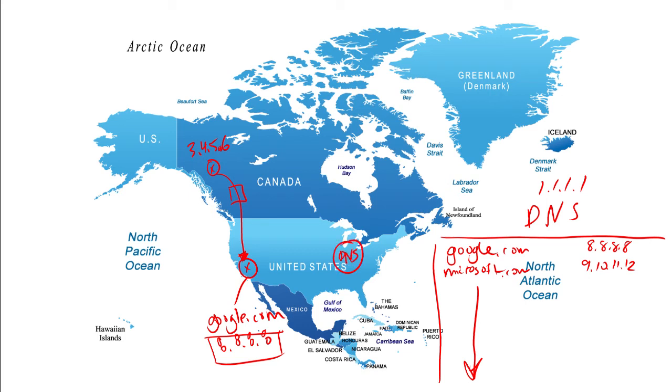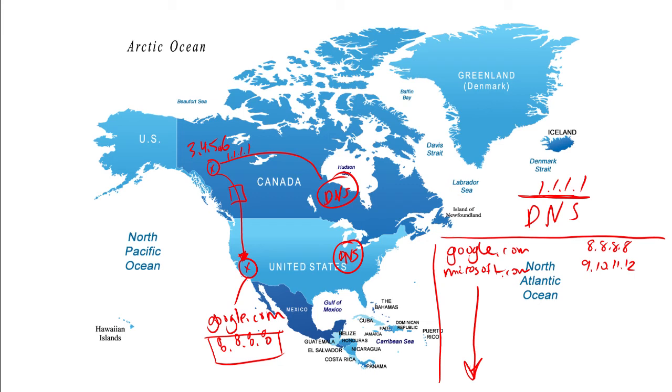I'm going to learn about DNS later in more detail, but basically your computer knows. One of the most popular DNS servers is 1.1.1.1. Your computer is pre-programmed with 1.1.1.1, or whatever DNS it's pre-programmed to.